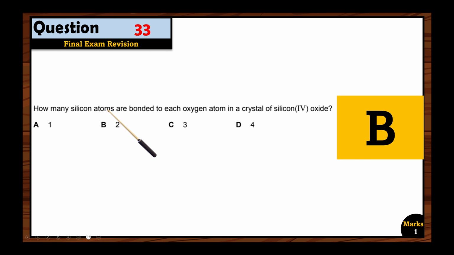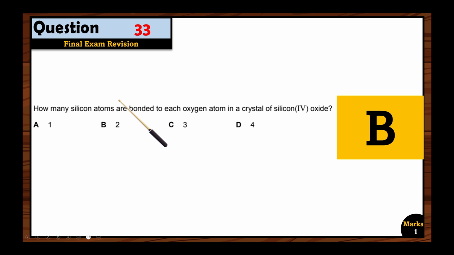So oxygen belongs to which group? It belongs to group number 6. So how many electrons does it need? Only 2 electrons. So it means it will make only 2 bonds. So 1 oxygen atom will bond with 2 silicon atoms. I hope this point is clear. So silicon atoms will be bonded with 4 oxygen atoms, but 1 oxygen atom will be bonded to 2 silicon atoms.